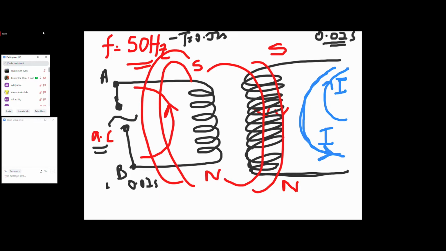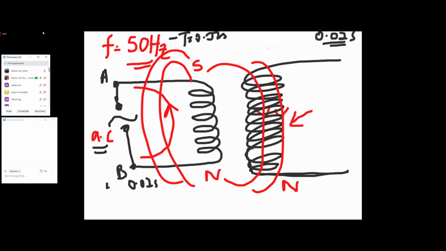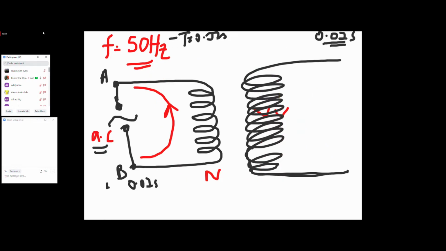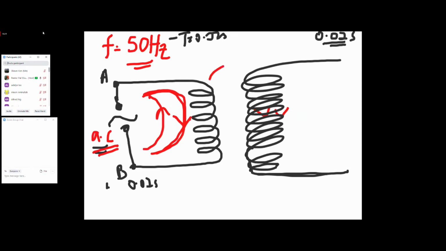So the whole idea here, listen to me carefully: whenever the current direction changes in the primary coil, which experiences AC current, A to B or B to A, if the current flows from A to B, the secondary coil experiences changes of flux up north, down south, or the reverse.